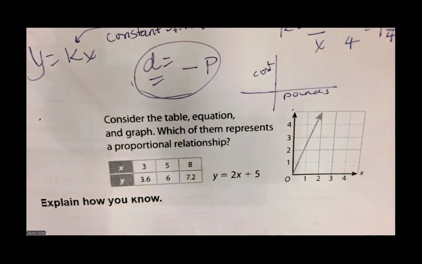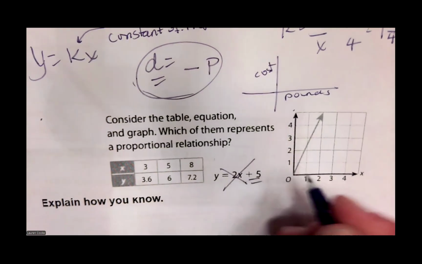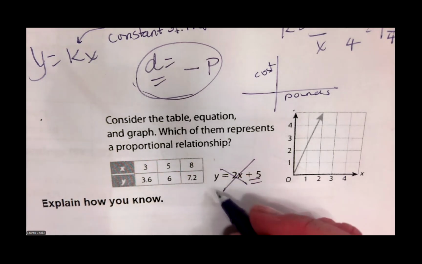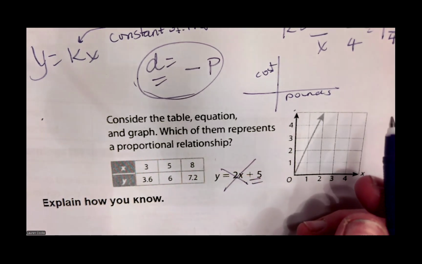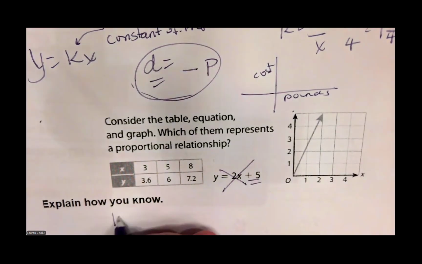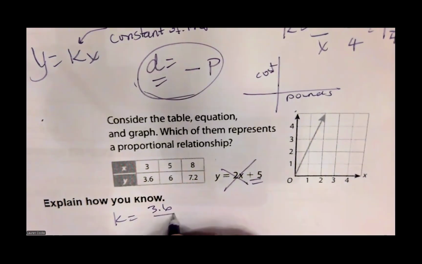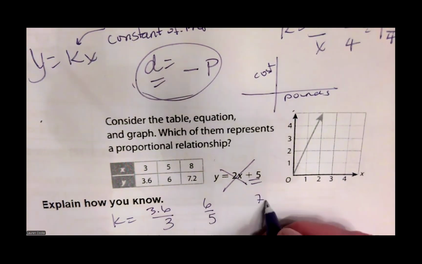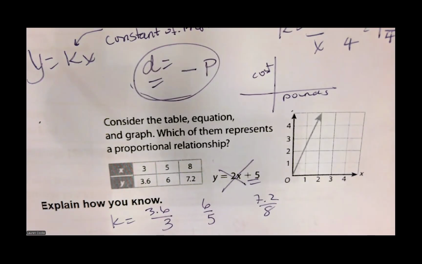All right, and then number 11, just super quick. Number 11 says, which one is proportional? This is not proportional because of the +5. Let me just double check. K equals 3.6 over 3, 6 over 5, 7.2 over 8.